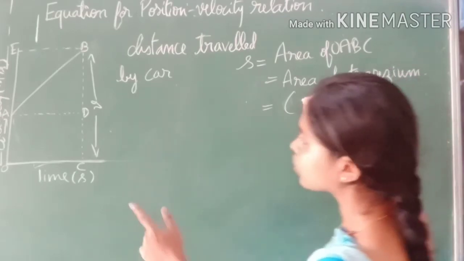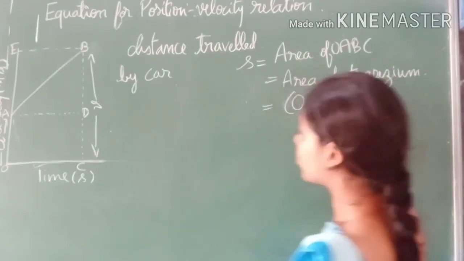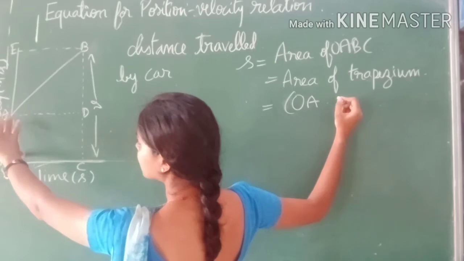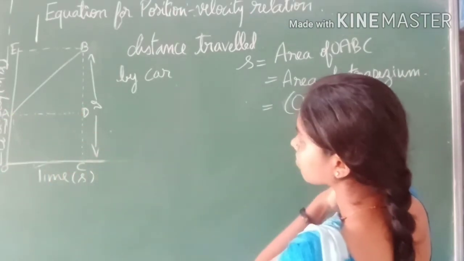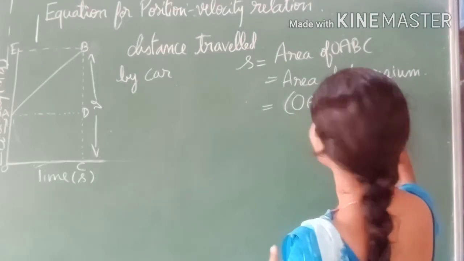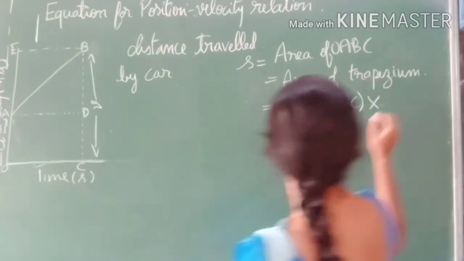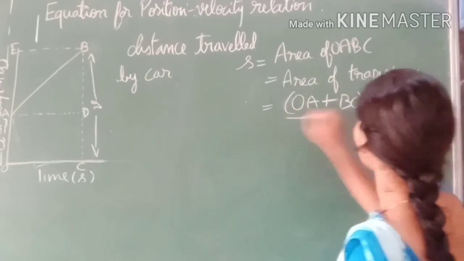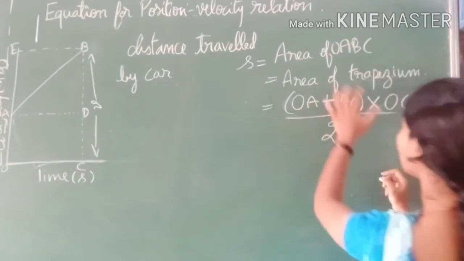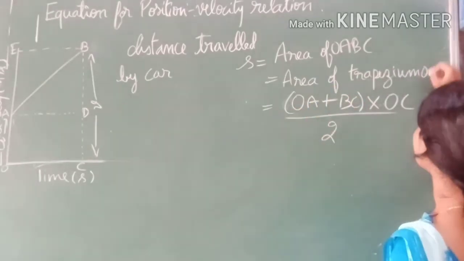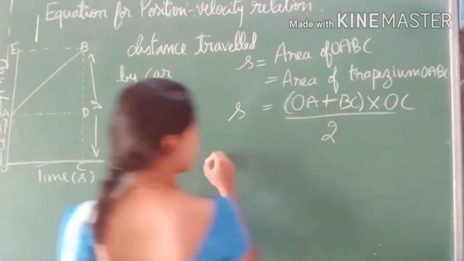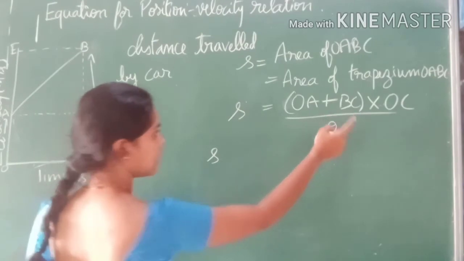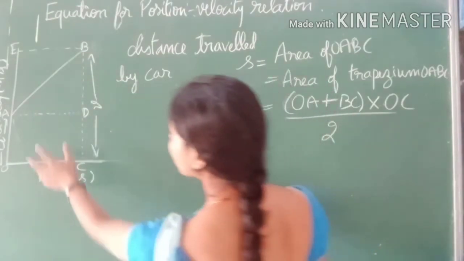The sum of two parallel sides, that is OA plus BC, into the base OC, divided by 2. That is the area of the trapezium OABC. So S is equal to OA plus BC into OC divided by 2.